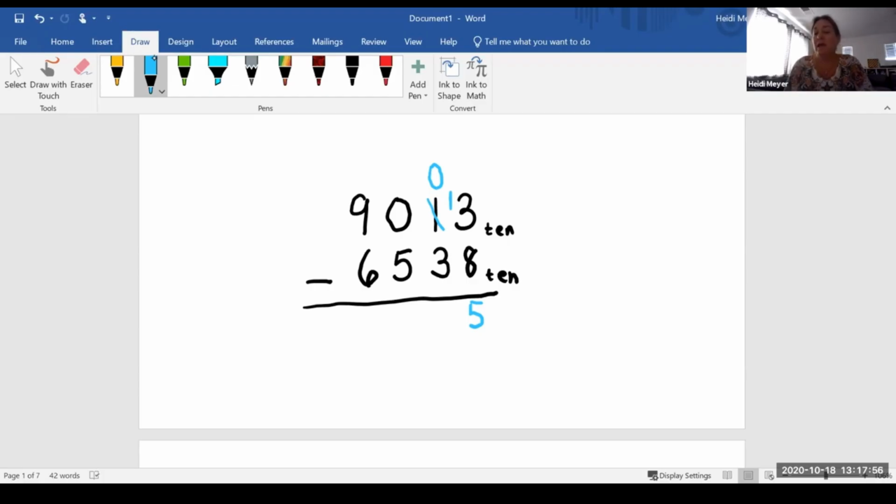But now I need to borrow again because I'm in the second column and I can't take 3 away from 0. But as I look next door over here, I see there's another 0, and I can't take anything from 0. So I need to go all the way over to the 9 at the front of that number. So I'm going to borrow 1 from the 9, making it an 8.